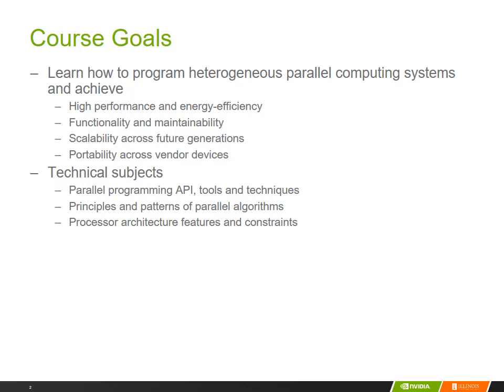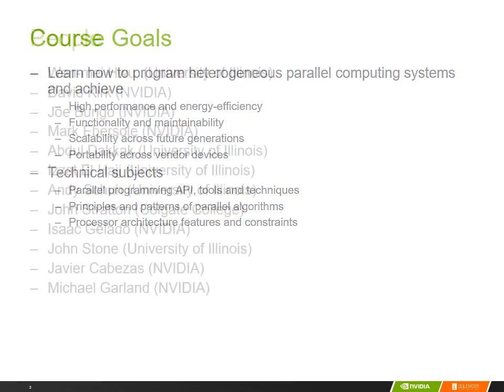The students will be able to use these principles to engage their real applications and apply these principles to their individual problems. And the third one is for the students to understand processor architecture features and constraints so that they can more successfully reason about the performance effect of the decisions they make in their programming process.